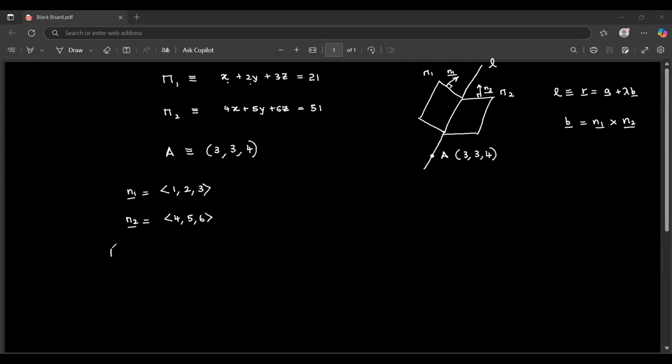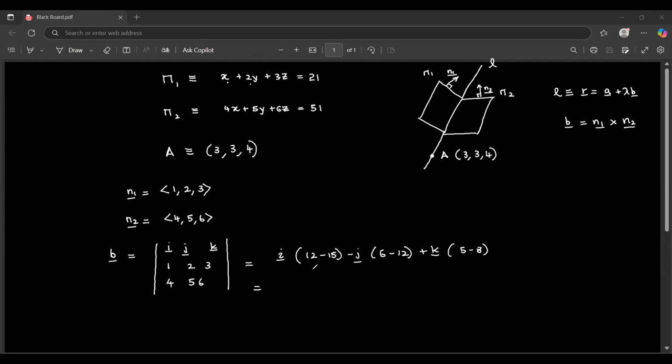Now how are we going to find b? Well, by using the vector product. So i, j, and k. First of all, let's write down 1, 2, 3, and let's write down 4, 5, 6. That will be equal to i into (12 minus 15), minus j into (6 minus 12), plus k into (5 minus 8).